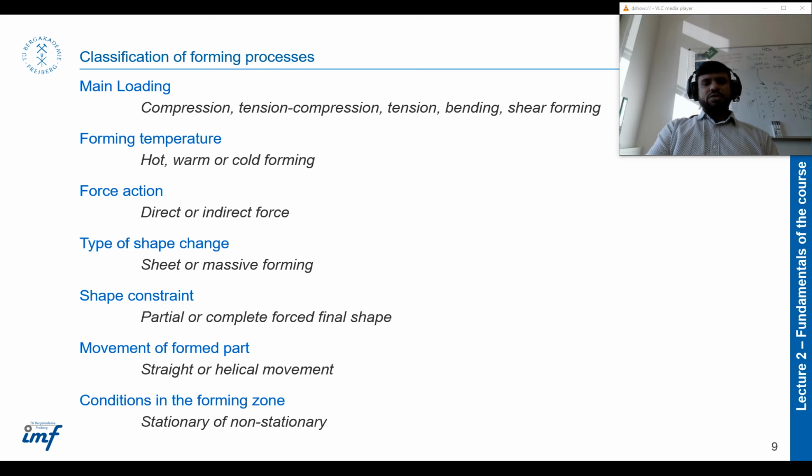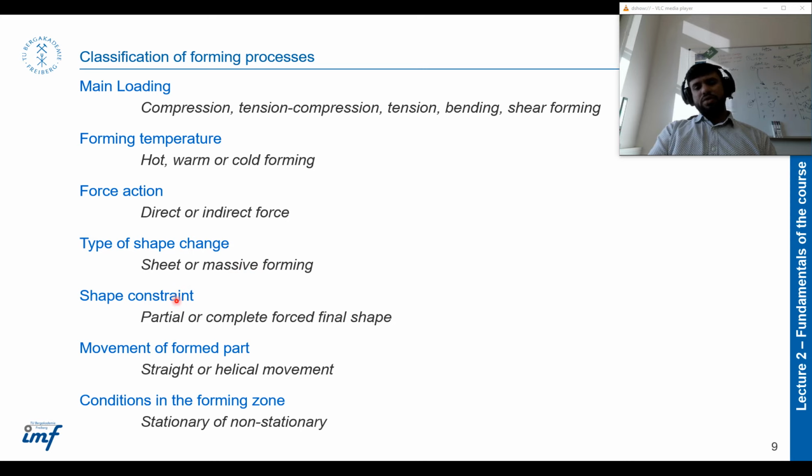They can also be categorized based on the action force, which is direct or indirect. And they can also be categorized based on the shape change. So is it converting the shape into a sheet, a thin shape, or a massive forming, which is a complex shape?